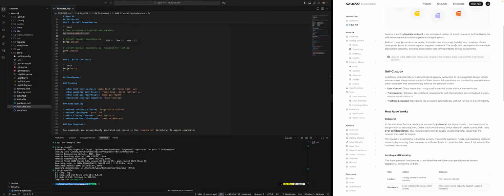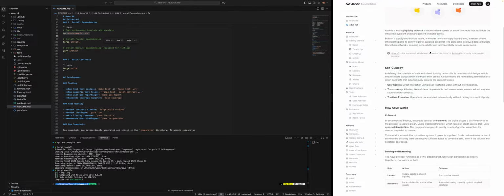It enables users to supply liquidity and in return allows other participants to borrow against supplied collateral. The protocol is deployed across multiple blockchains, ensuring accessibility and interoperability across networks.